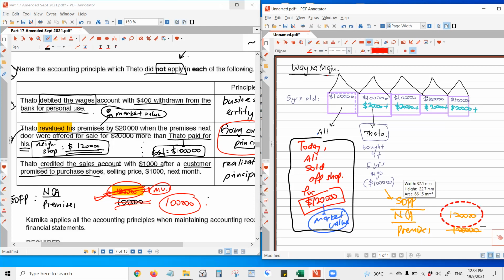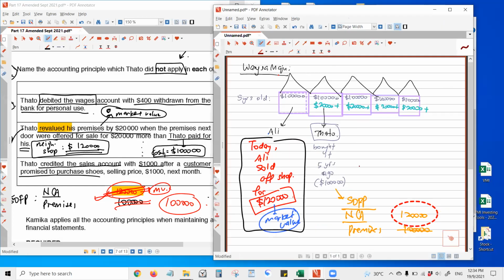That's what Tato did. Tato changed the cost to the market value. This is known as revaluation by 20,000.